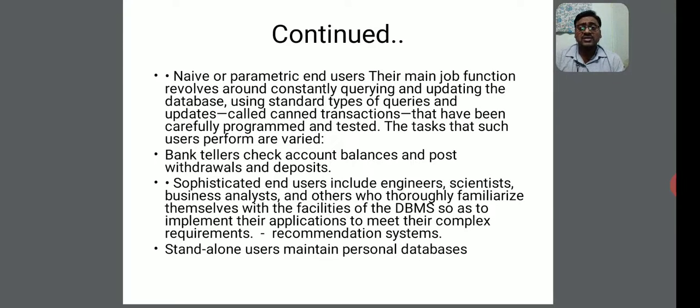When you go to the bank, we just provide the account number to that clerk. Based on the account number, he will access our database and make the necessary transactions. They are constantly querying and updating the database using standard types of queries and updates.